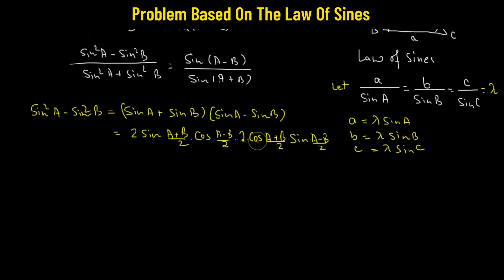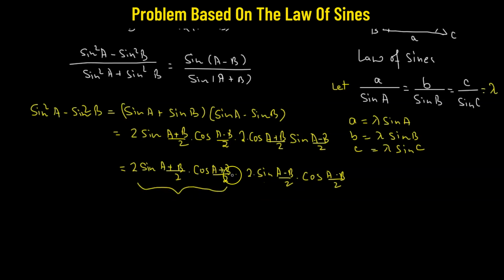Now we can rearrange the factors to get 2 times sine (A plus B)/2 multiplied by cosine of (A plus B)/2. Then we have 2 times sine (A minus B)/2 times cosine of (A minus B)/2.